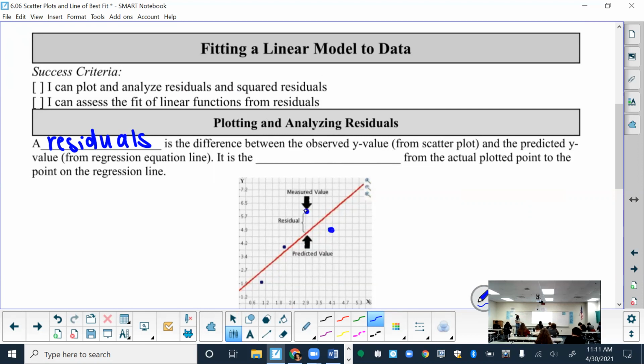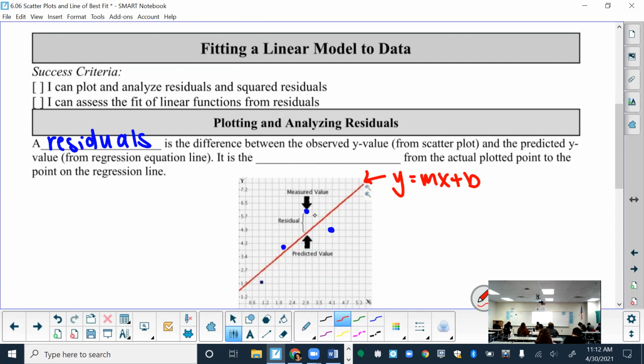It's the dots, the data that you saw with your own eyes, that you calculated when you did the survey. The predicted value is what you get from your trend line, the one that's in y equals mx plus b form. So the predicted values are what I get from plugging in an x value and solving for y.